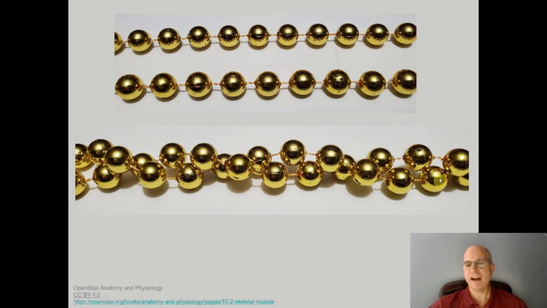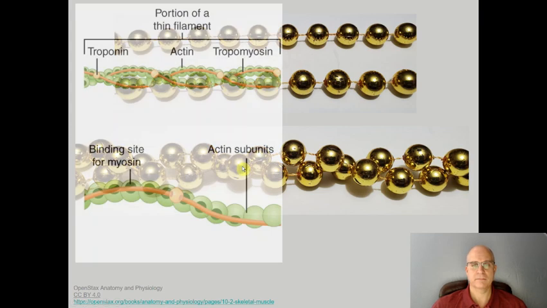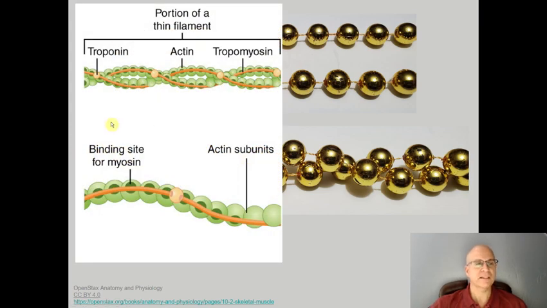So again, fibrous actin is made up of two strands of G-actins that are twisted together. And here you can see them. In this case, each G-actin or globular actin is a green bead. And we've got our two strands of G-actins that are twisted together, and that gives us our F-actin or fibrous actin.